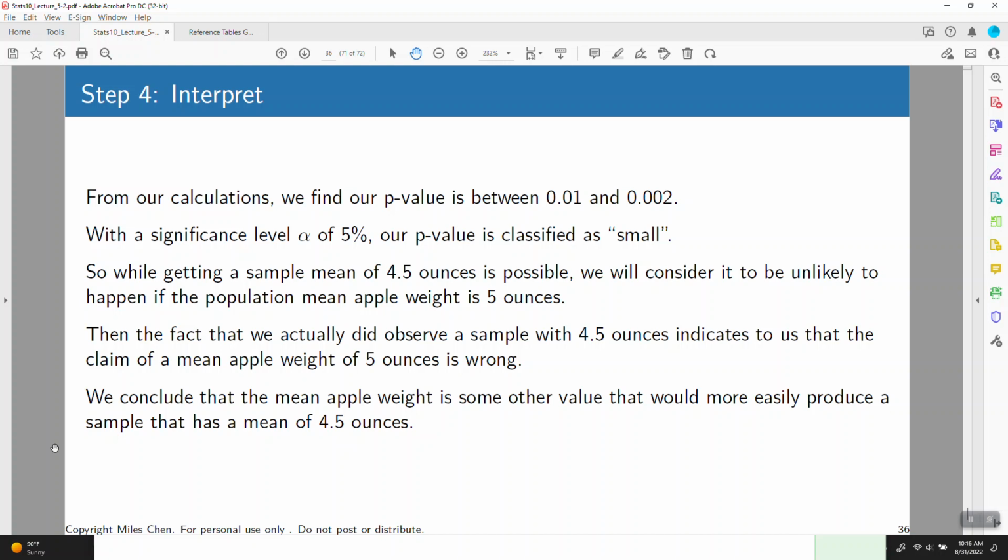It's probably some number less than 5 ounces, and that's why I'm getting a sample where the average is only 4.5 ounces. And so I come to the conclusion that the null hypothesis is wrong, that the mean of the population is not 5 ounces, but most likely some number smaller than 5.